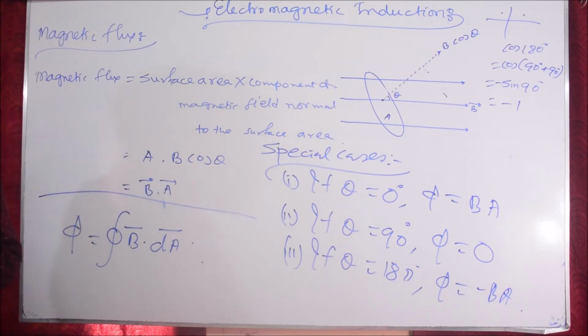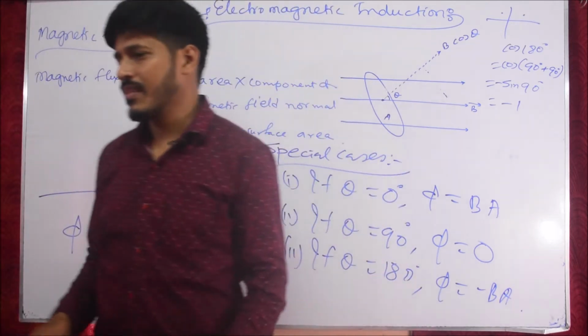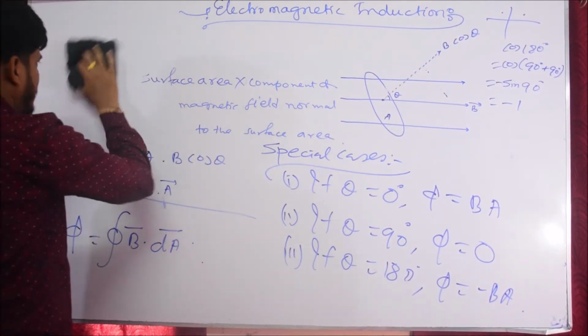So, the thing is the SI unit and dimensional formula for this magnetic flux. Let us see the SI unit and dimensional formula of magnetic flux.